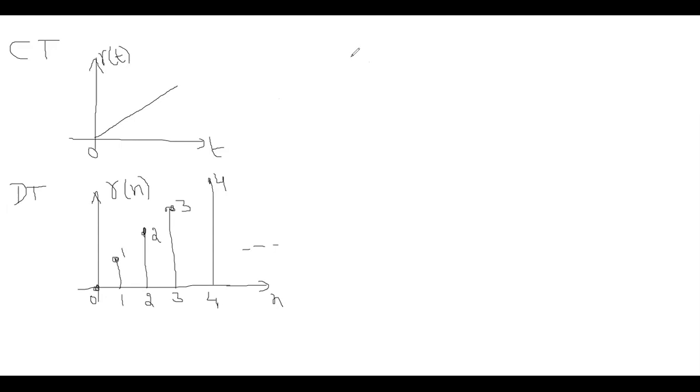So now I am shifting towards the right side. Shifting the value, r of t minus 1. Only one sample I am shifting. At 0 the value is 0, and at 1 it starts. Okay, the value here is 0, meaning it is not the linear function, and from 1 the value changes to t.